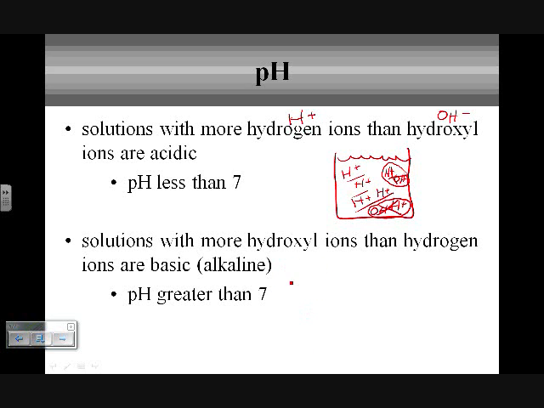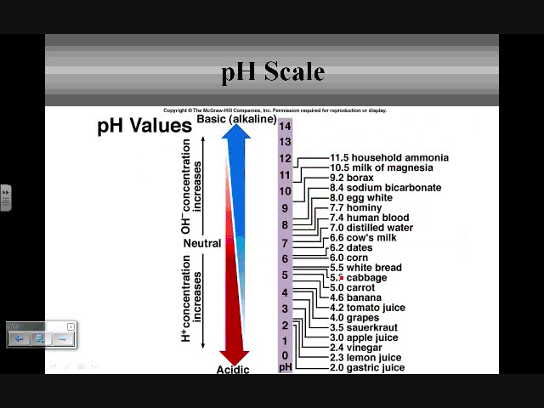And just the opposite if I drew you a picture for the bases. This is just a nice little picture that gives you an idea as to where substances are on the pH scale. You may not realize it, but things like cabbage are actually slightly acidic, bananas acidic. Tomato juice, apple juice, lemon juice, vinegar, those are all pretty common sense.